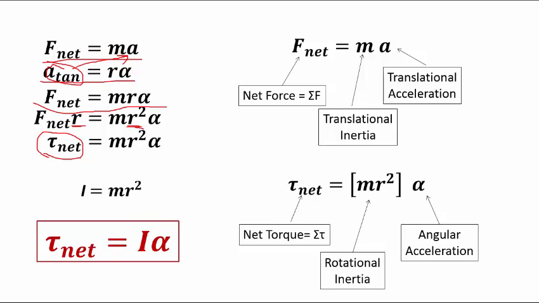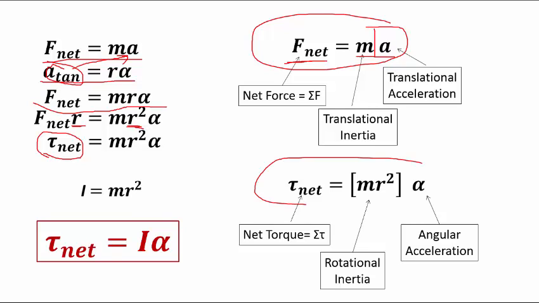So if we look at Newton's second law, the force equals mass times acceleration. The net force is on one side of the equation. On the other side of the equation, we have mass times translational acceleration. The mass is translational inertia. The equivalent to that in rotational dynamics is our torque equals our rotational inertia times the angular acceleration.